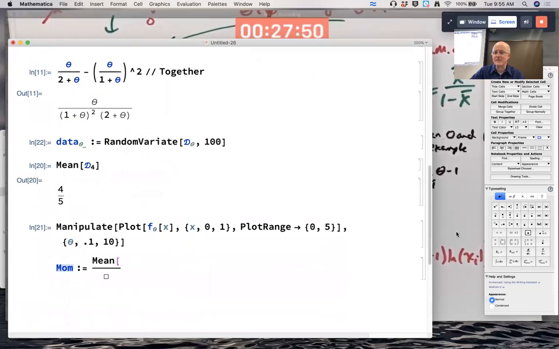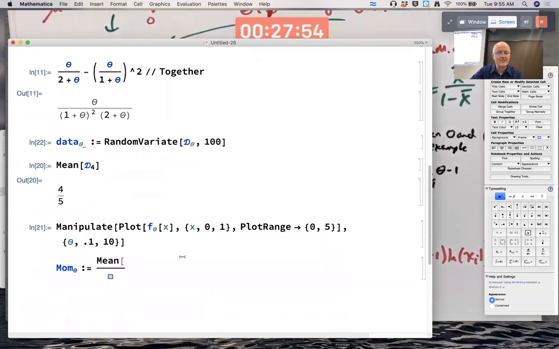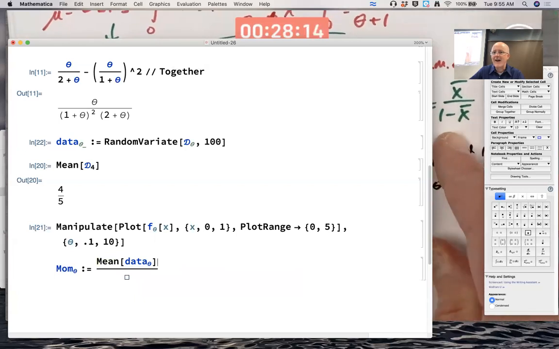So this will be M.O.M. sub theta. Mean of data sub theta over 1 minus the mean. Right? That was our method of moments estimator right there. Can you see it? X bar over 1 minus x bar.